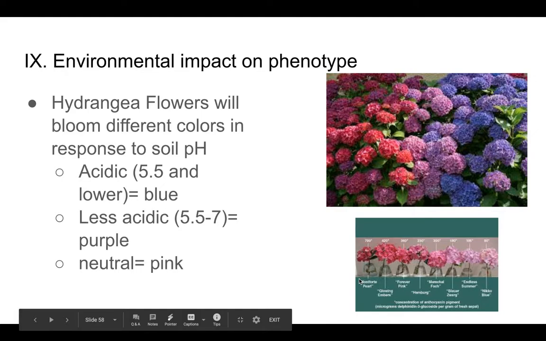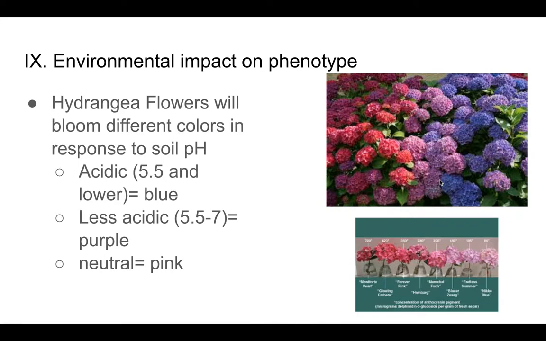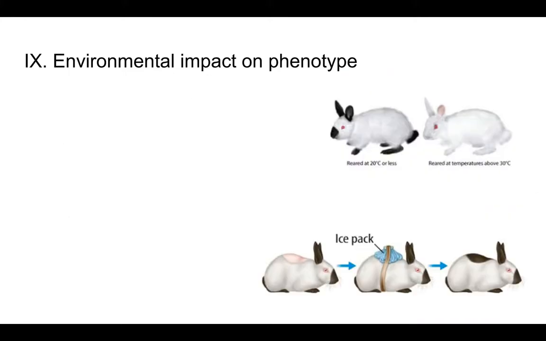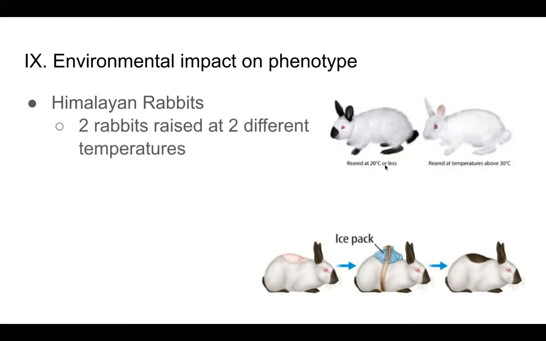So the bottom line here is the genotype is the same for all of these flowers, but the environment is impacting how those genes are being expressed. Here's another example, Himalayan rabbits. There's an interesting study where they took Himalayan rabbits and raised them in two different temperatures.